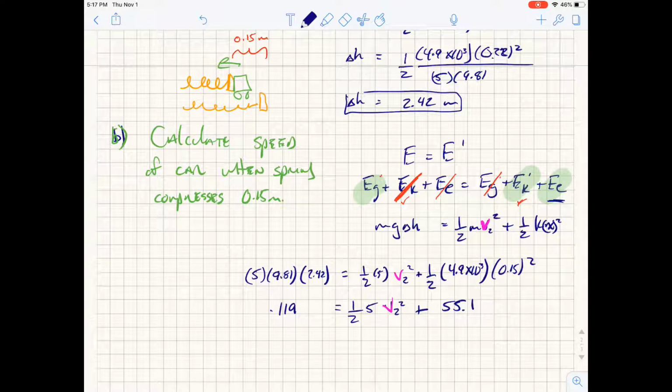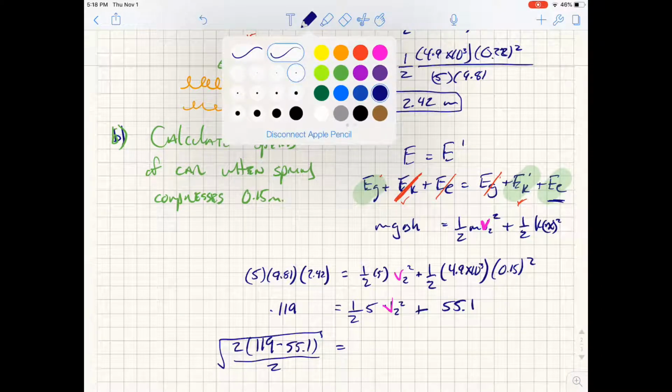The rest of it goes into EK. So 119 minus 55.1. And I'm going to keep rearranging. I'm going to multiply that by 2. Divide by 5, take the square root of that, and that will give us the velocity.